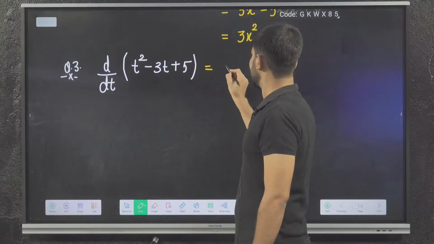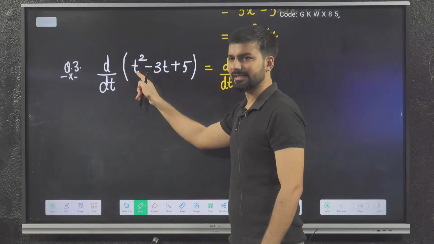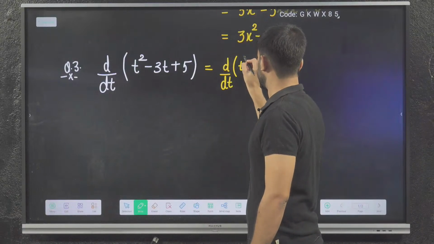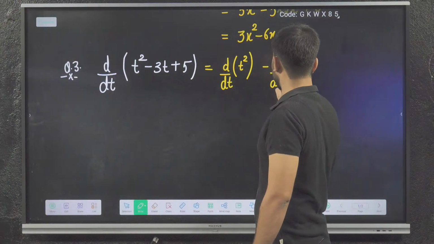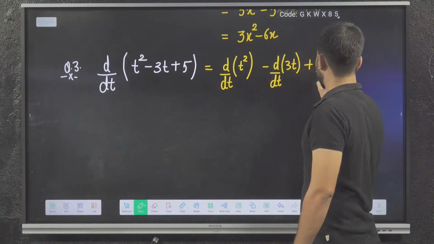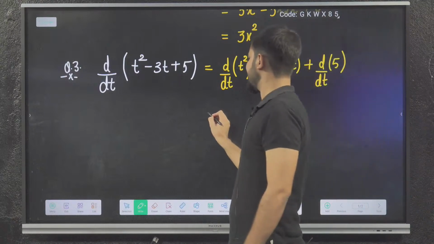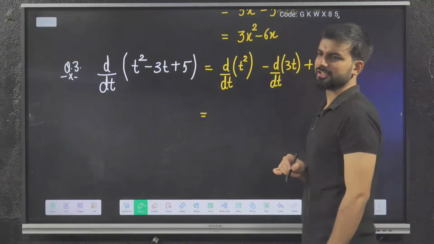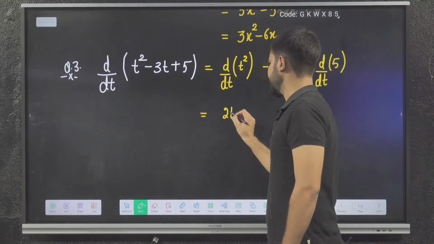Can I write directly? Okay. This is the last question where I am writing it like this. d by dt first gets multiplied to t square. Next step, minus d by dt to whom? 3t. Next step, plus d by dt to whom? 5. Then what is the next step? T square differentiation will come out to be 2t.